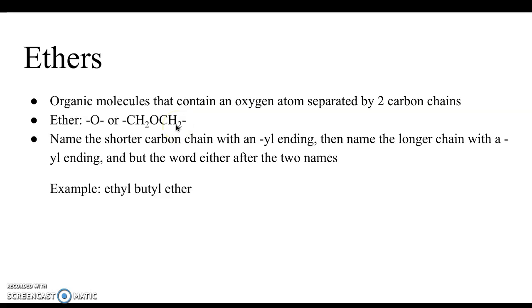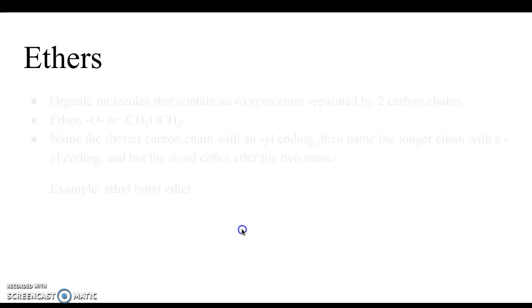The name of the shorter carbon chain gets a YL ending. The longer chain also gets a YL ending. For example, ethyl butyl ether. So ethyl would be the carbon chain on one side of the oxygen, and butyl would be the other carbon chain on the other side of the oxygen.